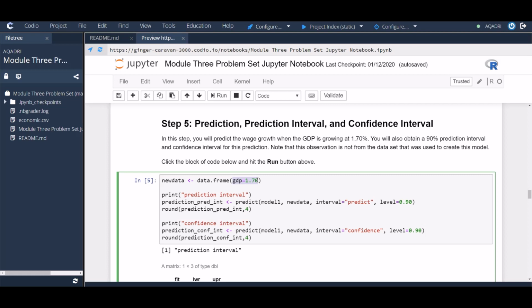So we want to predict the wage growth when GDP is 1.7%. We create this just like last week. There's really nothing different here. We first create our prediction interval, and then we create our confidence interval. So let's run this step.